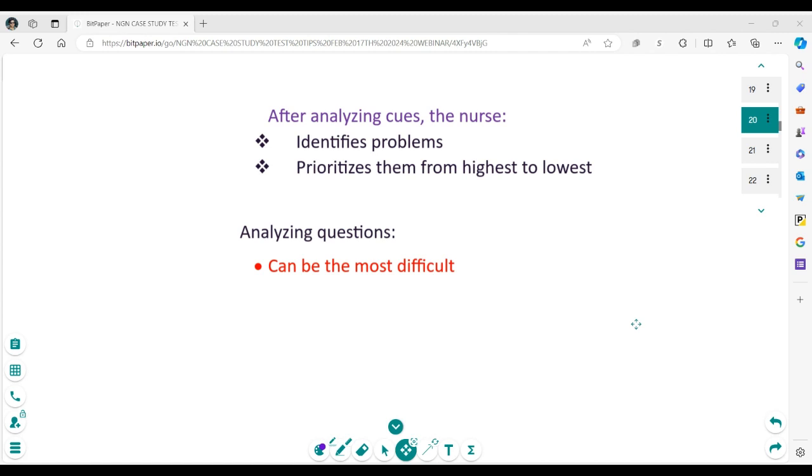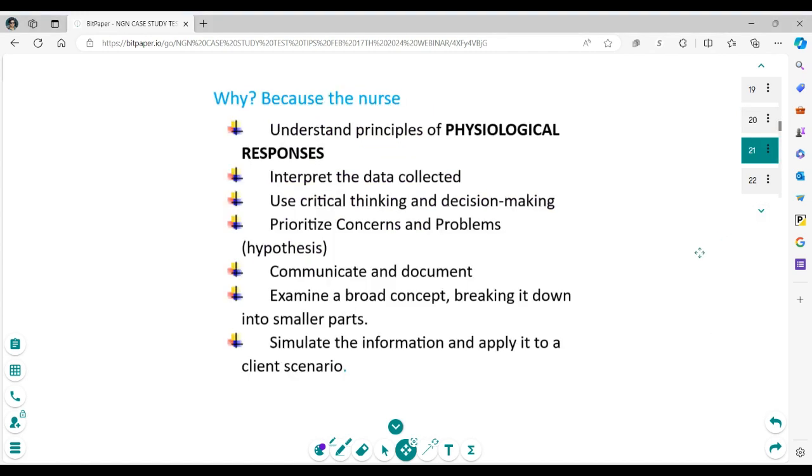Now, these type of questions can be the most difficult. Why? Because as a nurse, you're going to have to understand physiological responses. You need to understand physiological adaptation and how the body responds and reacts when there is a certain problem occurring. And what are those common signs and symptoms that we see with different conditions?